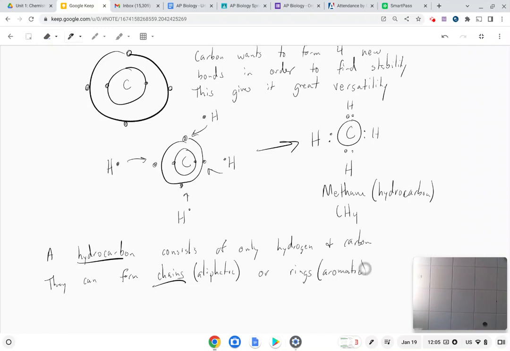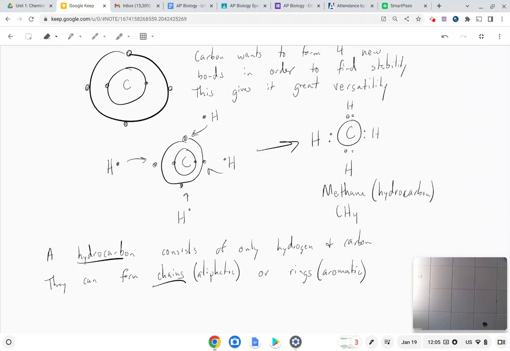And actually, it's kind of interesting. The reason that it got the name aromatic is that usually when the hydrocarbon is in a ring structure, it smells like it's got an aroma, and I'm not entirely sure why that is, but a lot of the aromas that we perceive are little aromatic rings, hydrocarbon rings that are quite literally floating in the air, and when you inhale it, the molecule binds to a little receptor in your nose.